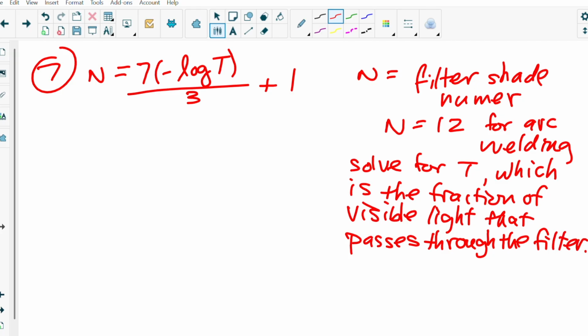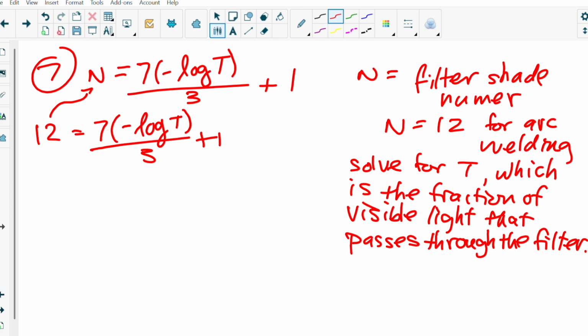All right, so let's plug it in. 12, my filter shade number, equals 7 times negative log of T divided by 3 plus 1. Okay, so this is a logarithmic equation. Let's solve it. I'm going to subtract 1 from both sides. I have 11 equals 7 times negative log of T divided by 3.